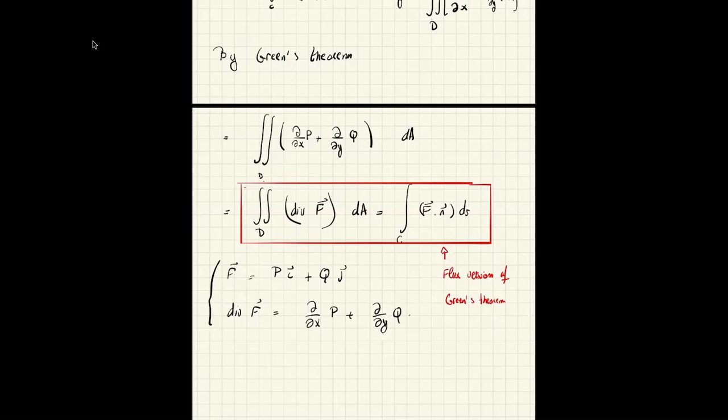But in the problem list, this is the one you'll need. It's called flux version. There is another version with the curl, but we're gonna see it next week when we discuss Stokes' theorem. So that's it. Now you have to use this one for the problem list.